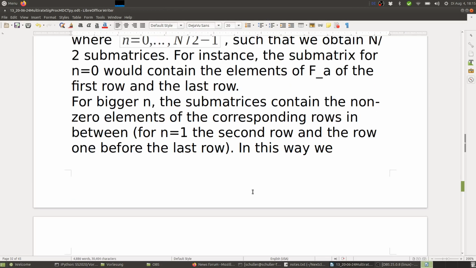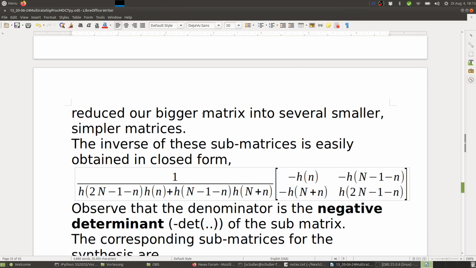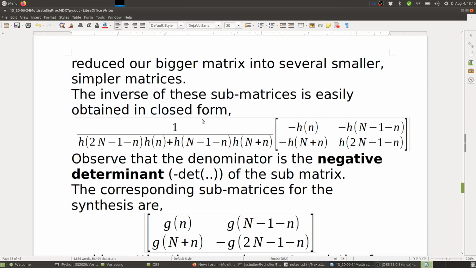In this way, we reduced our bigger matrix into several smaller, simpler matrices. And it's easier to deal with. The inverse of these submatrices is easily obtained in closed form, because for a 2x2 matrix we have this readily available closed form solution for the inverse, which is this.